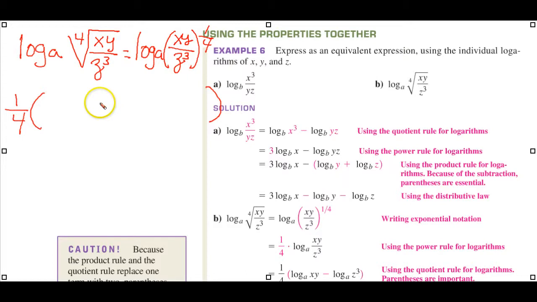And if I do this live, it may be a little easier to follow. So this is our power to a power. So I'm going to put the 1/4 right out there, and then I'm going to use parentheses to indicate this 1/4 applies to everything in the parentheses. So now I'm going to do it.